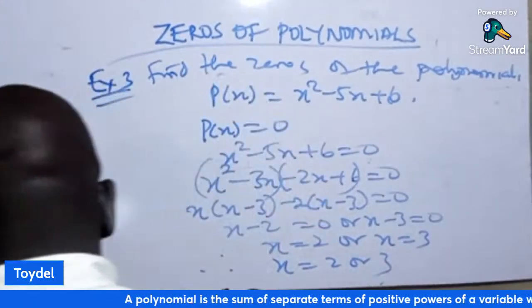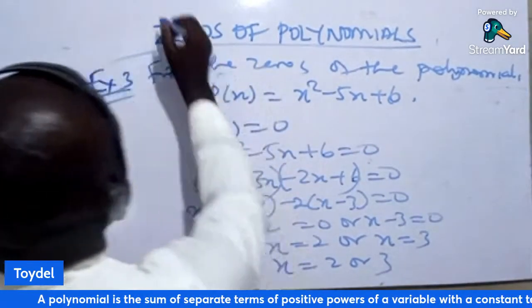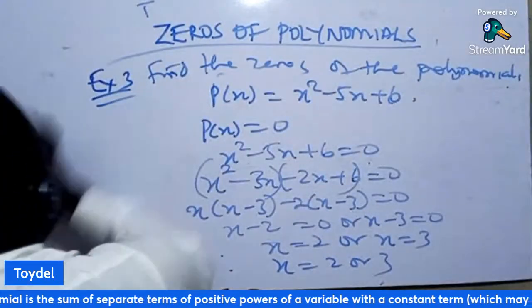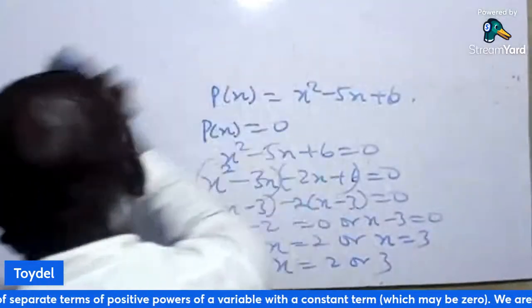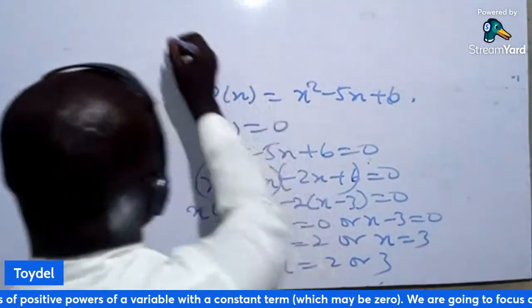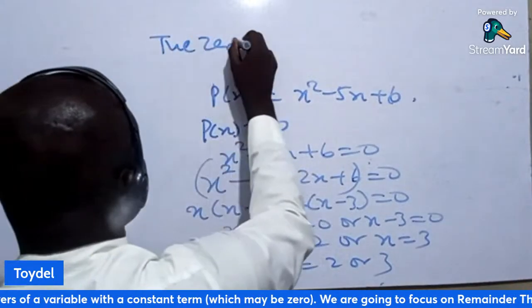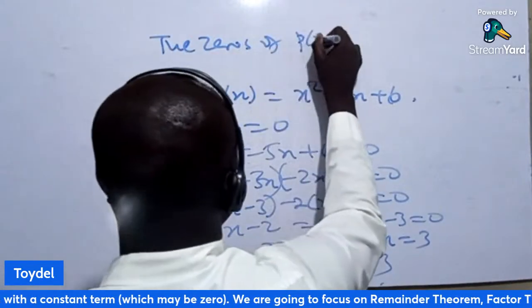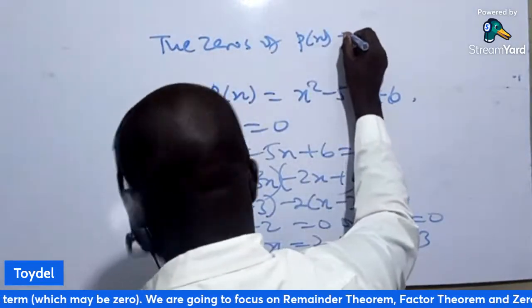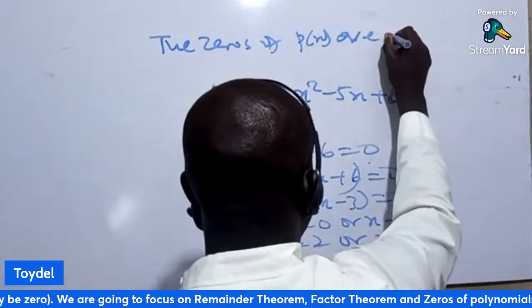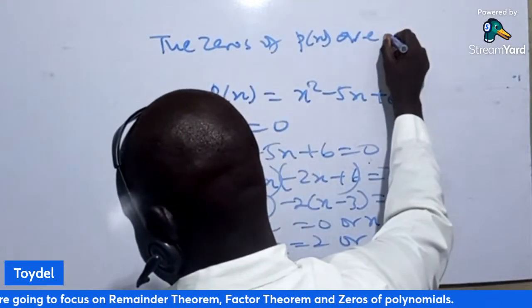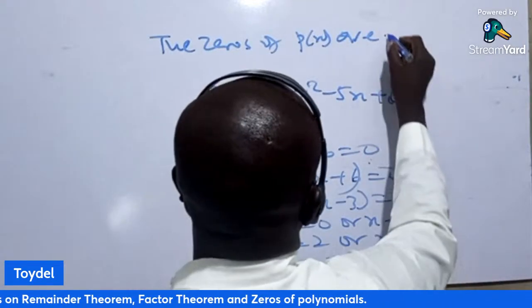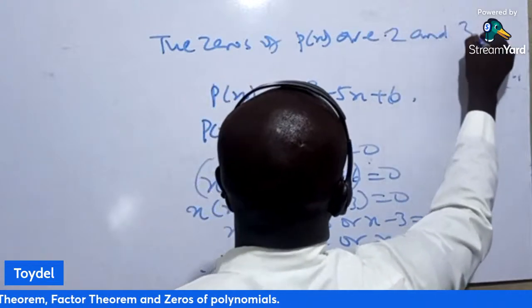So in this case now, the zeros of p of x will be 2 and 3.